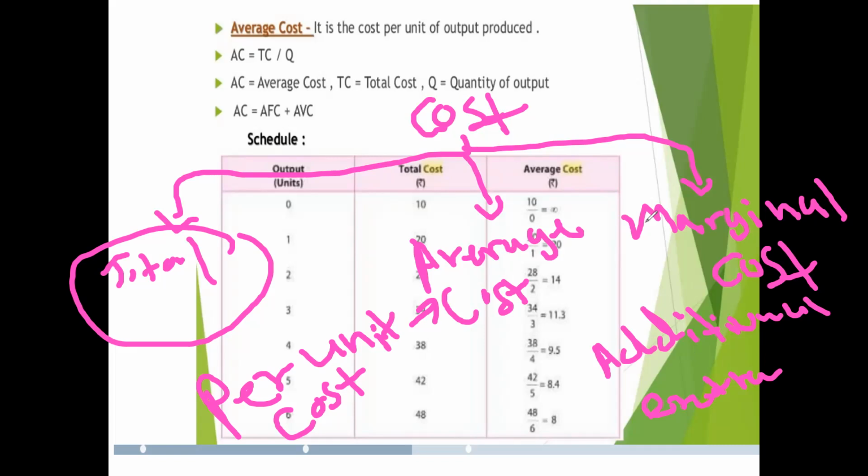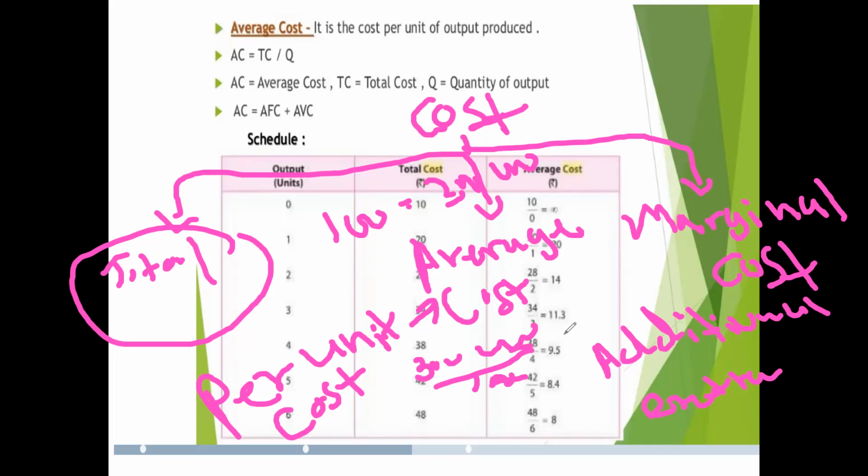So here the average cost, say for example, to produce 100 units, you have to incur 3 lakhs. Then if you want to calculate the per unit cost, what do you have to do? 3 lakhs, we have to divide by 100.